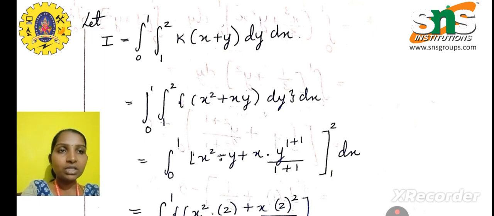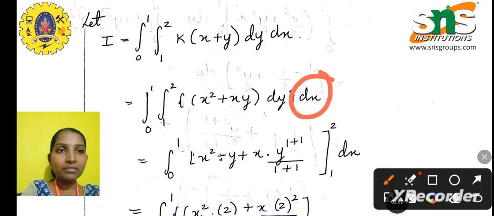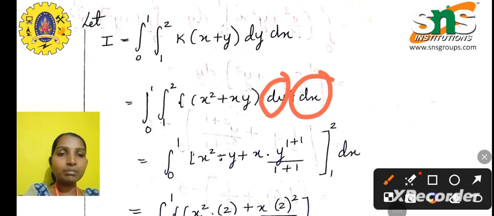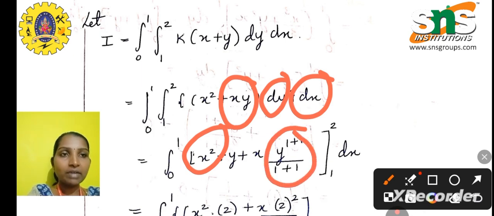Now we have to keep this x as constant and integrate with respect to the variable y. So on integrating, x squared will remain the same, and on integrating x into y, you will have y alone. So x squared into y plus x into, on integrating y, y to the power 1 plus 1 by 1 plus 1, within the limit 1 to 2.